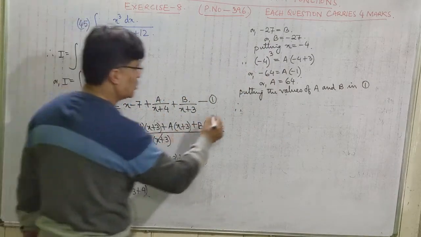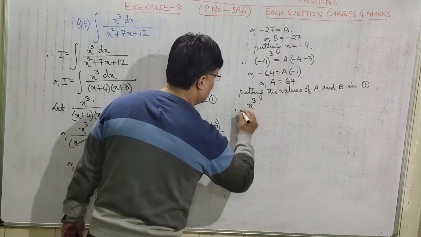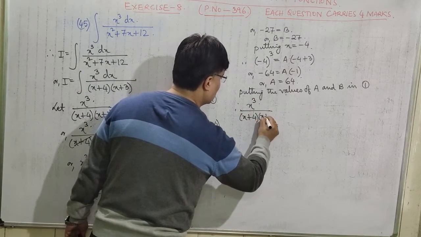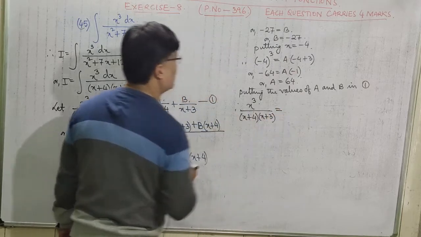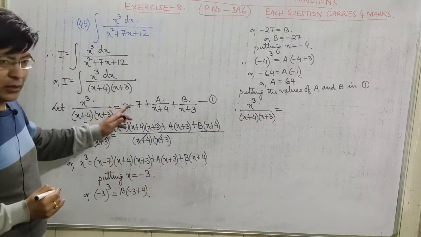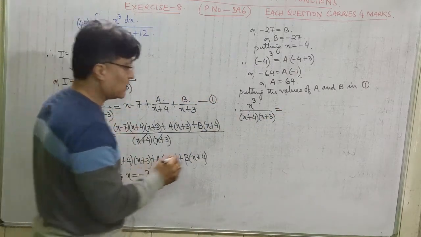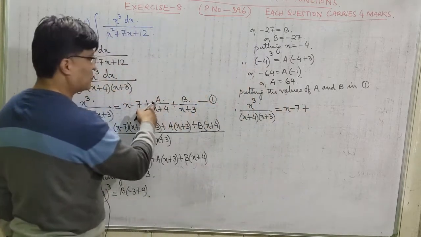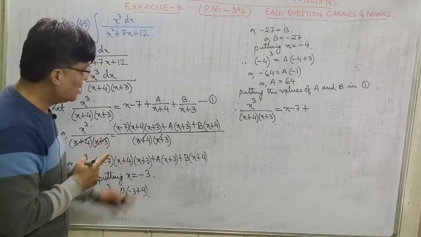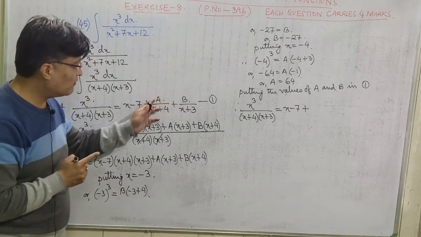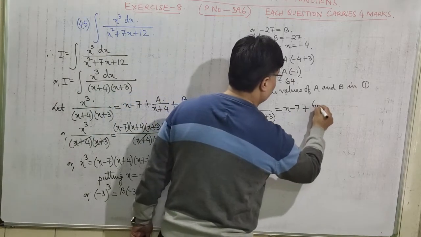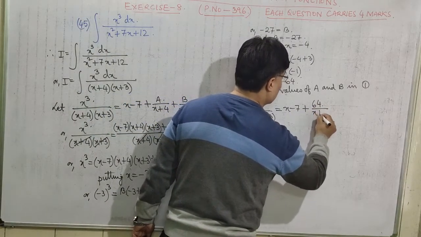So what do we get? x cubed divided by x plus 4 into x plus 3 is equal to, you have to write down the quotient first, x minus 7, plus, what is the value for capital A? It is 64, right? Here A is equal to 64, so you put 64 upon x plus 4.